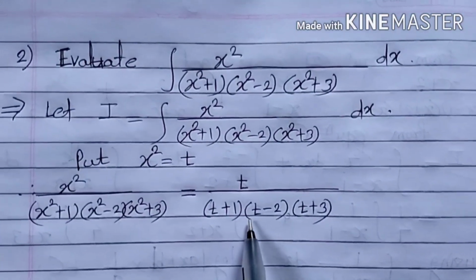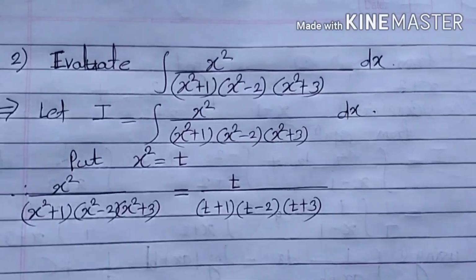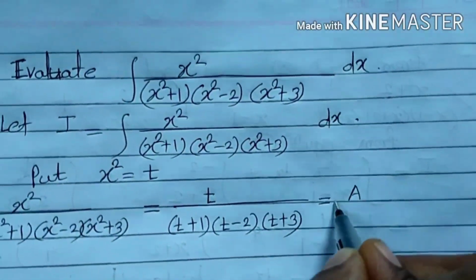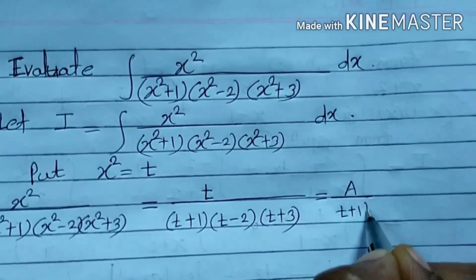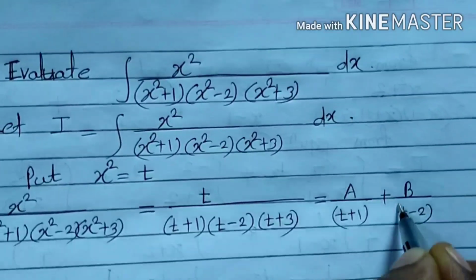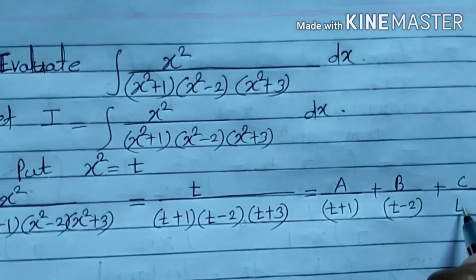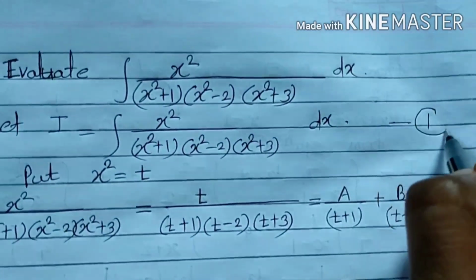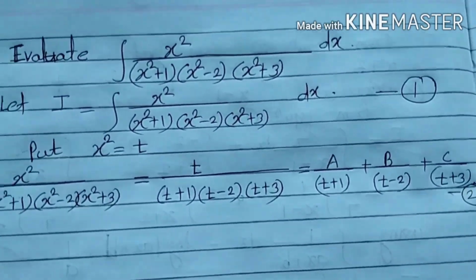Now it is in the rational form, so we have to convert it into partial fractions like that: a upon t plus 1 plus b upon t minus 2 plus c upon t plus 3. This is equation first, this is equation second.